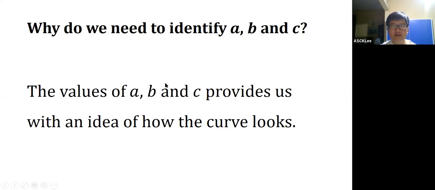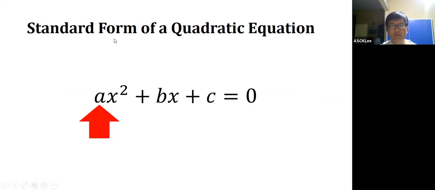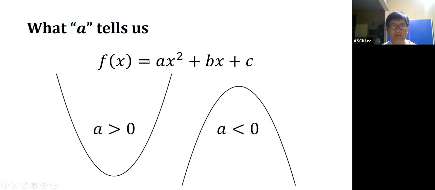Isn't that magical? It's just absolutely amazing. So here, the most important number out of A, B, and C, the number that you must zoom into immediately, the first number that you must get your hands on is this A. A is super important, and it's the first number you need to get your hands on because A tells you whether the curve opens upwards or the curve opens downwards.